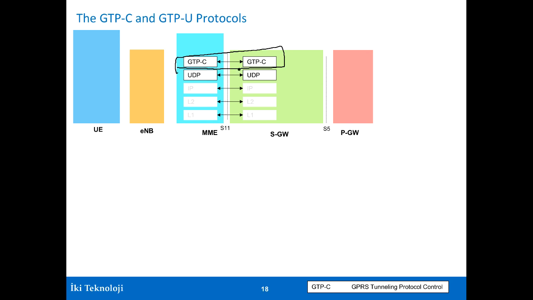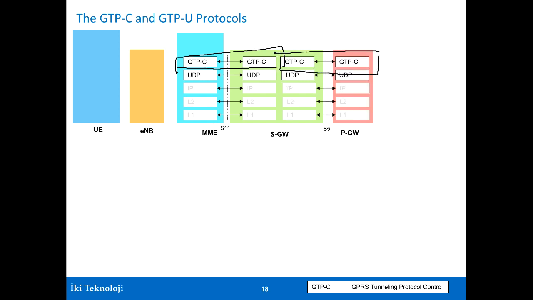GTPC is used for setting up the GTPC connection between the MME and serving gateway, and we have another GTPC connection between the serving gateway and the P gateway, and that's the one for creating the S5U control plane and the user plane tunnel. So that's the overall control plane.